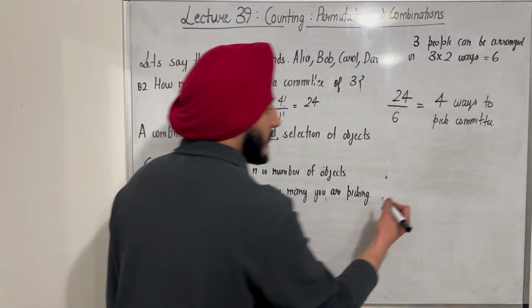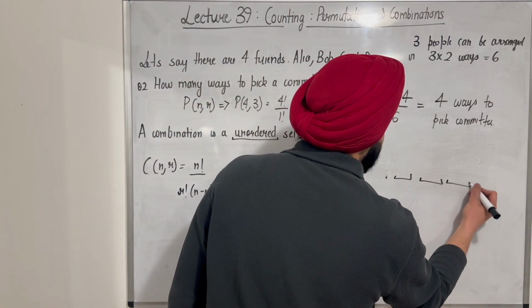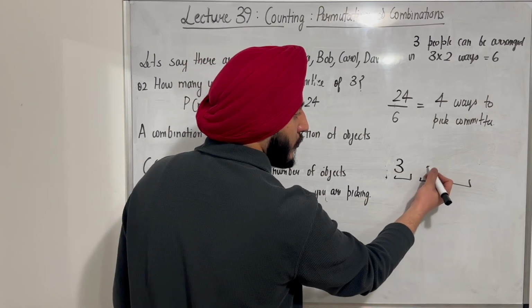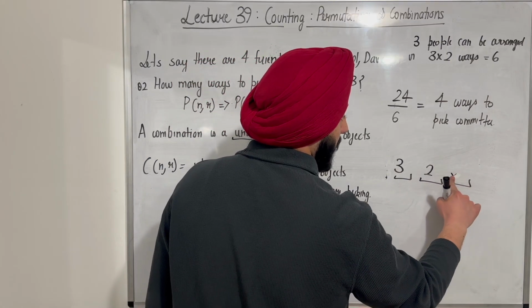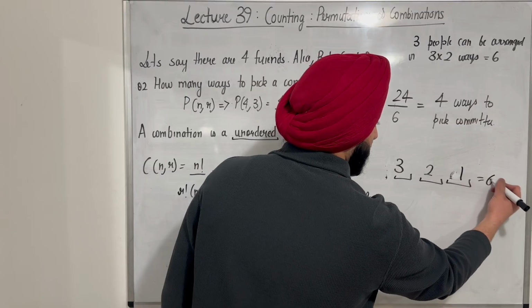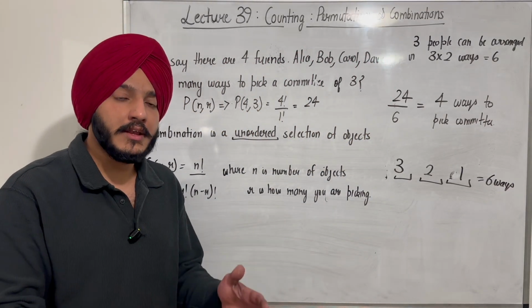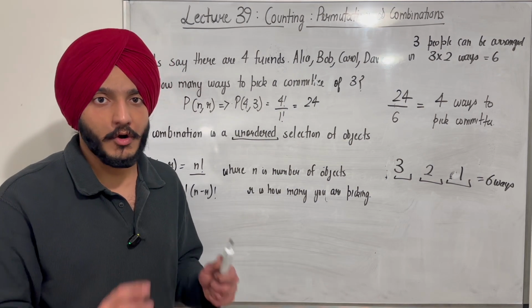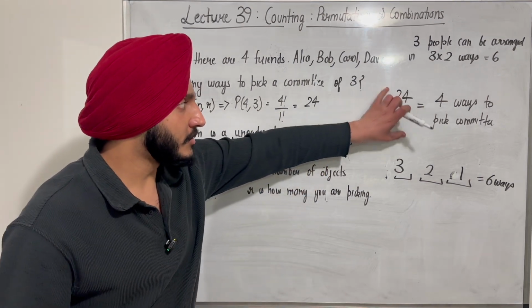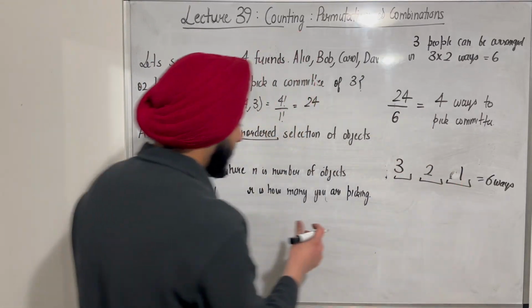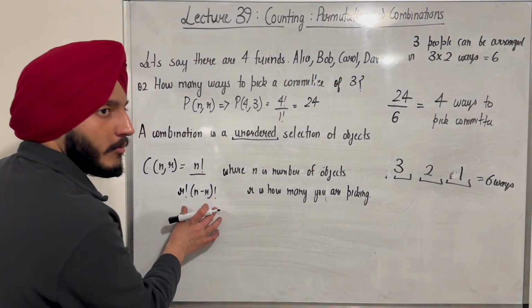Think about this, right? I have 3 spots. First spot, I can put 3 people. Next spot, I have 2 options left. Final spot, I would have 1 option left. So it would be 6 ways. So the idea was 24 was when you also involve the order. Now the order does not matter, so getting rid of it is why we divide it by 6, right? And that's exactly how this formula is made.